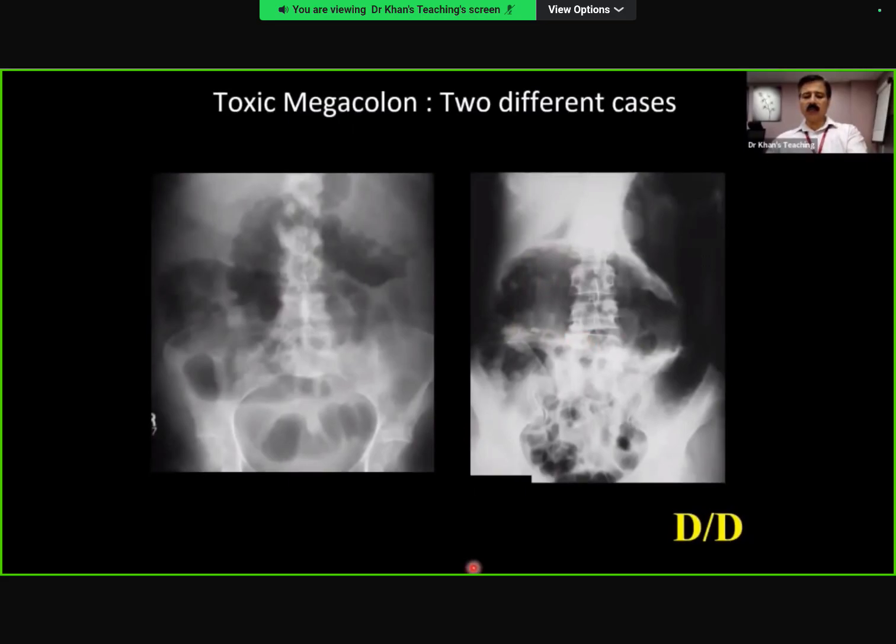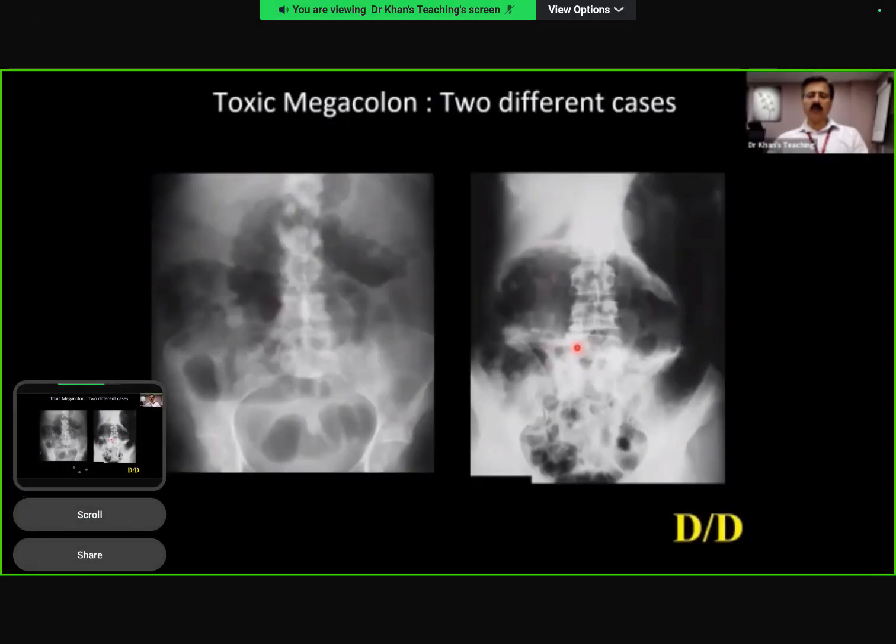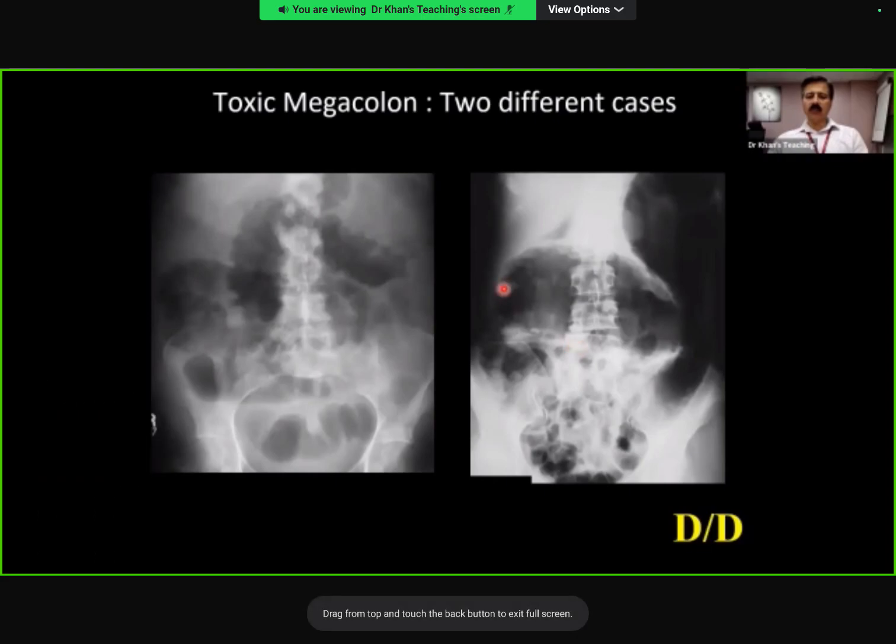But this is evidence that there is mucosal thickening. So you will say loss of haustra. If there are thumbprints, it is in keeping with mucosal thickening, and there are some filling defects within the air-filled lumen in keeping with inflammatory polyps.